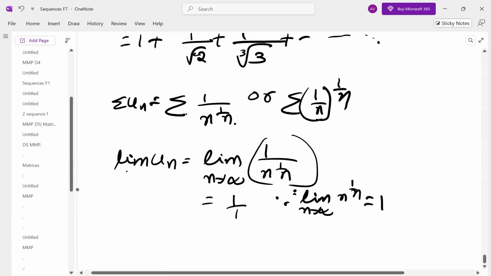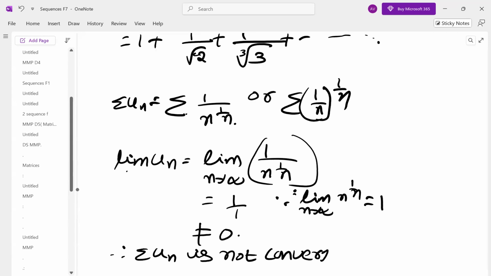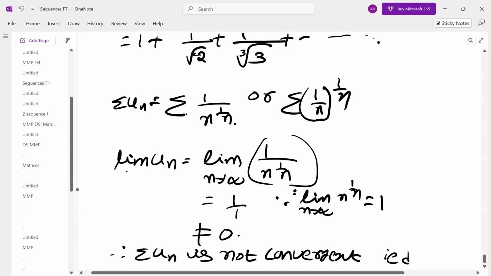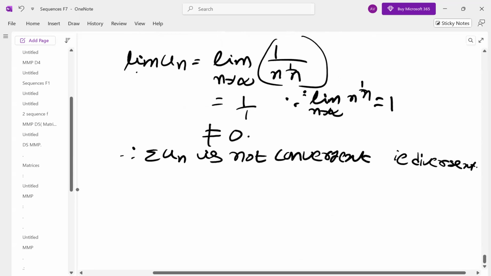So it is not 0. Therefore, summation un is not convergent. Can also say divergent because it has positive terms. Not convergent is correct, divergent is also correct in this case. Another interesting question.